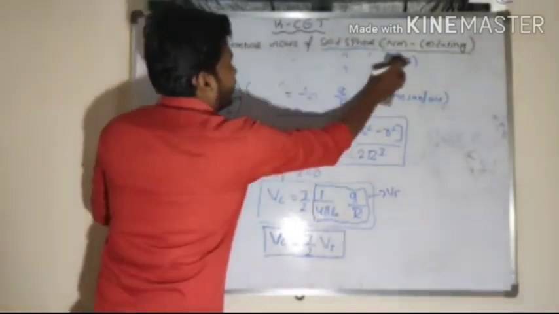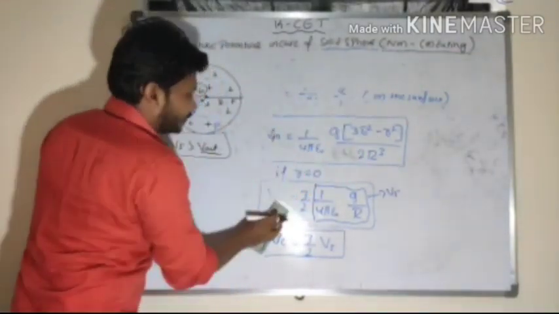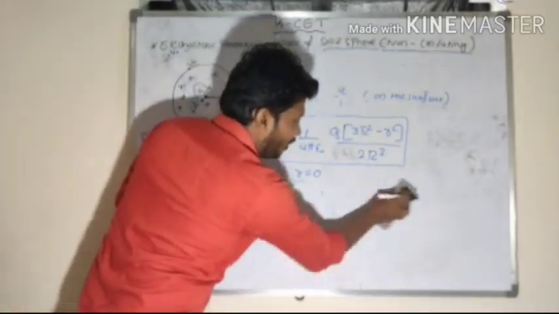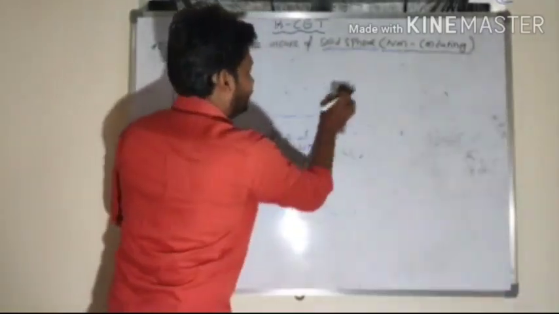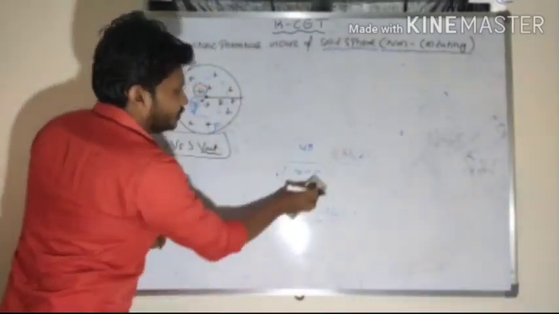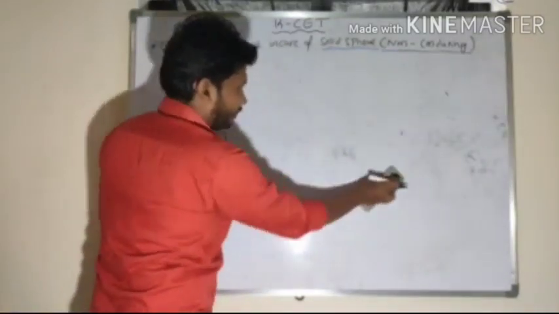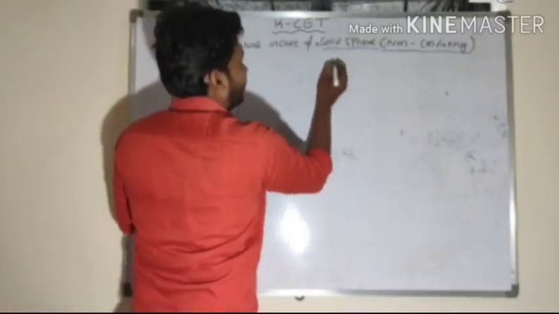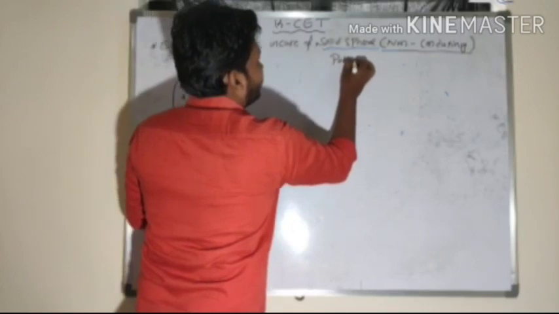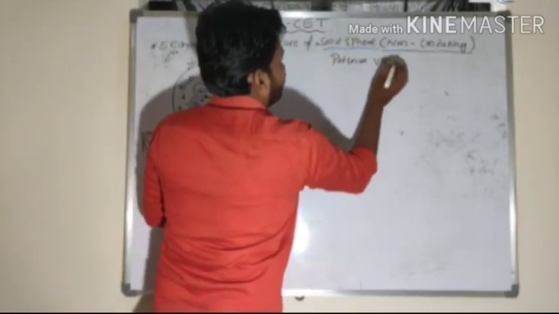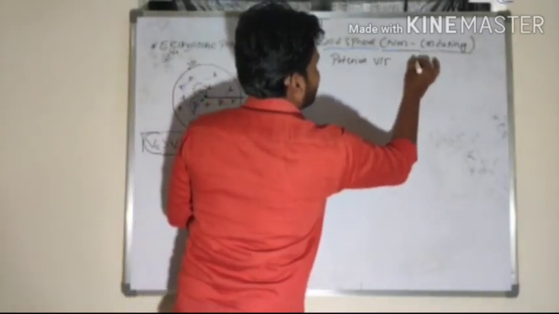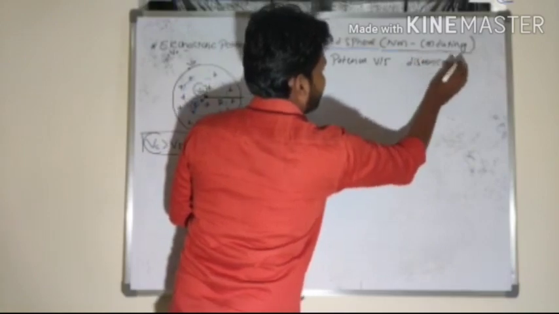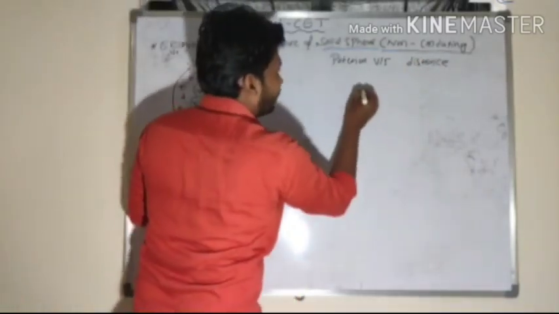So look here, I want to find out the nature of the graph, potential versus distance in case of a solid sphere. So let me consider one solid sphere here.